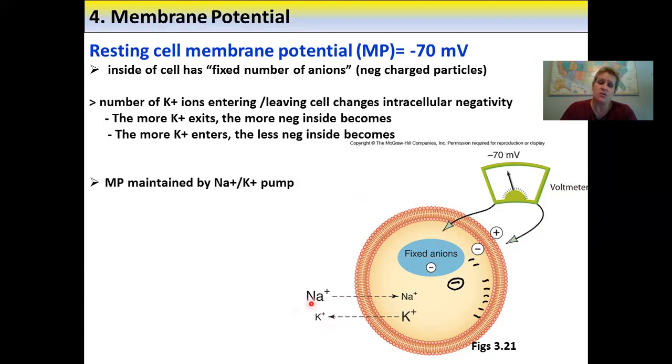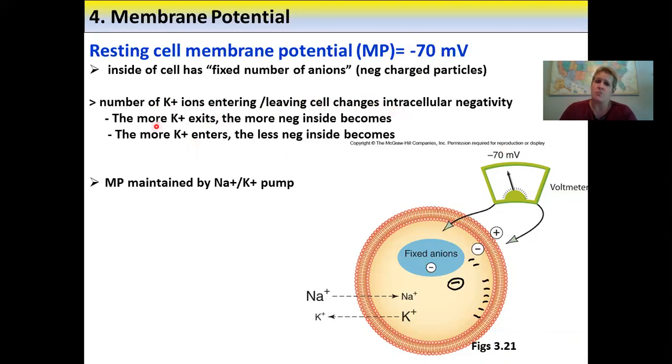Outside of a cell, you usually don't have a lot of potassium, but inside of a cell, you have potassium. And then a cell's got a certain number of negatively charged particles called anions. And so what happens is a cell membrane, when it's at rest, is at a very negative minus 70 millivolts. Okay? It's resting.